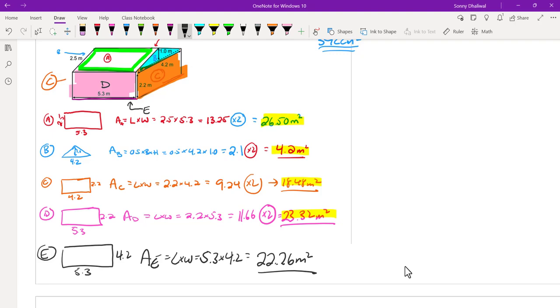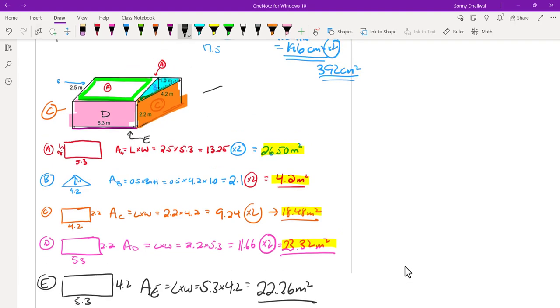Now all we have to do is find the total surface area, and we have to add up all those numbers. If you add up all those numbers, we got 2.1 plus 4.2 plus 18.48 plus 23.32 plus 22.26, which is 94.76 meters squared.